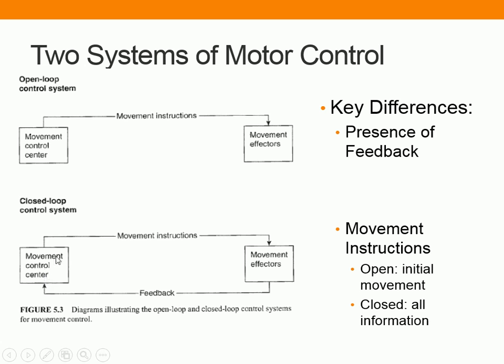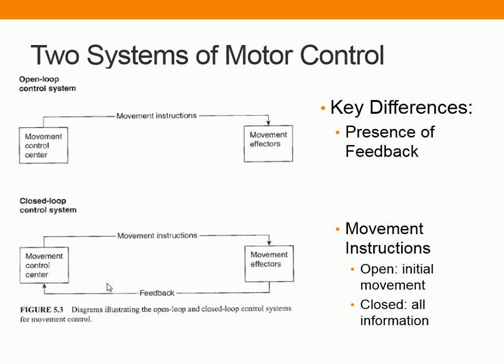So basically, I have an initial plan, I send instructions out, I start executing that initial plan, but now I can use feedback to continually modify how I'm doing that, and I would send out new instructions. So throughout this process and in tasks where we're able to use feedback, this is a very valuable system because we can continually modify the movement that we're creating.